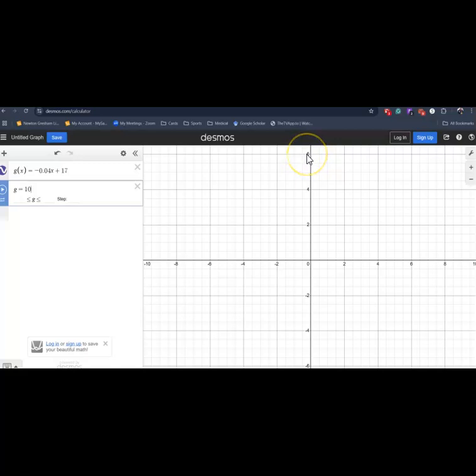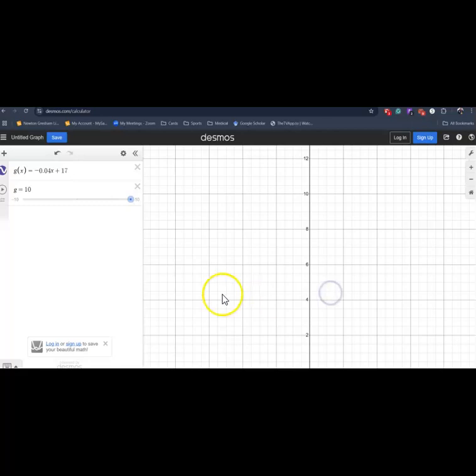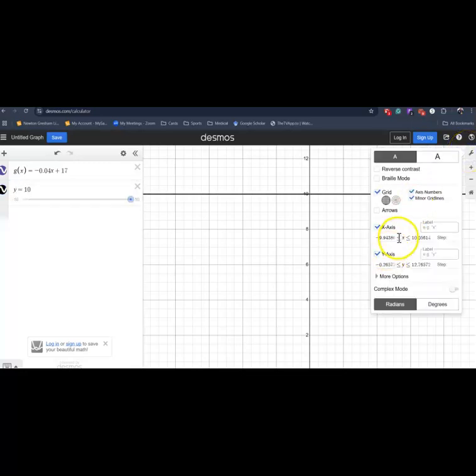We wanted to know when g equaled 10 was our first one. I'm only showing 6 up here, so I definitely have to move my screen down. Oh, that should be y equals, not g equals. Y equals 10. Now I have to figure out where my function is at. I do know the practical domain and the practical range, so I'm going to go to my wrench and change it.